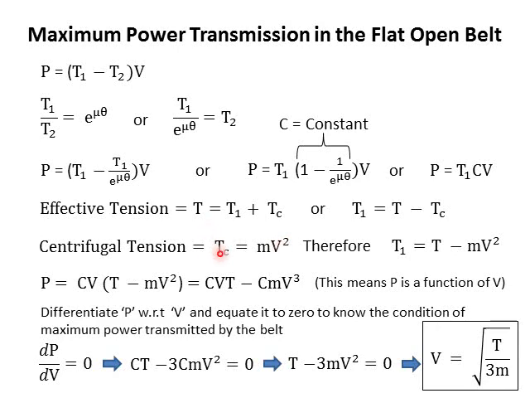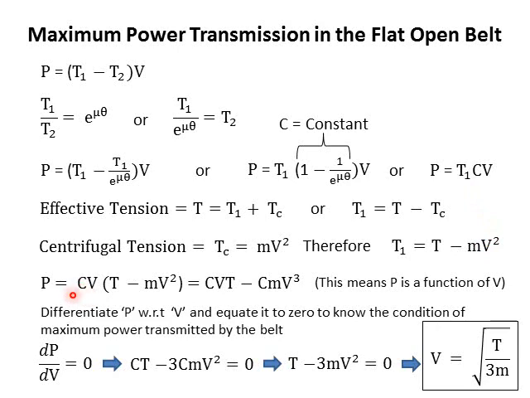So if we put this Tc in this equation, T1 becomes equal to T minus m v square. Now put the value of T1 in the power equation.